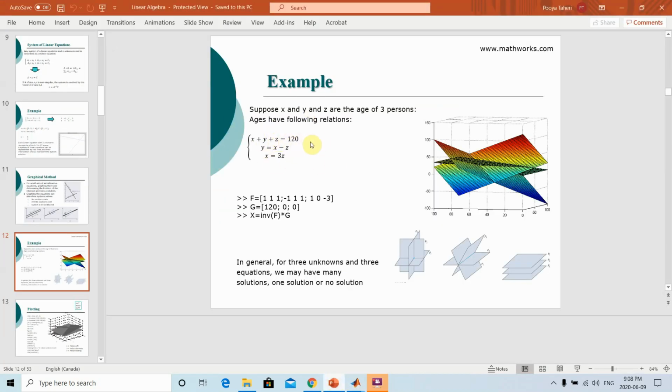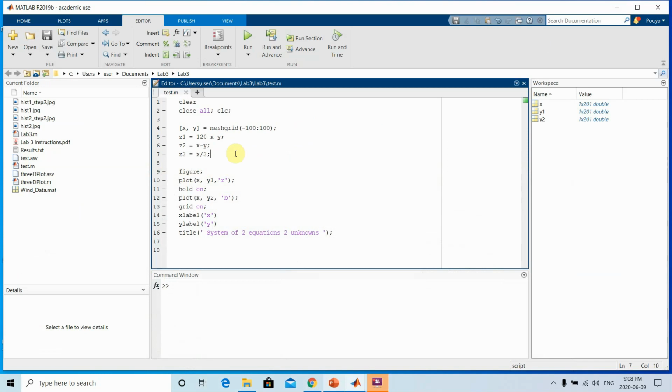So these are the equations for these planes: Z is equal to 120 minus x minus y, Z is equal to x minus y, Z is equal to x divided by 3. If you want to do a 3D plot, we can use either mesh or surf. I'm just going to use mesh.